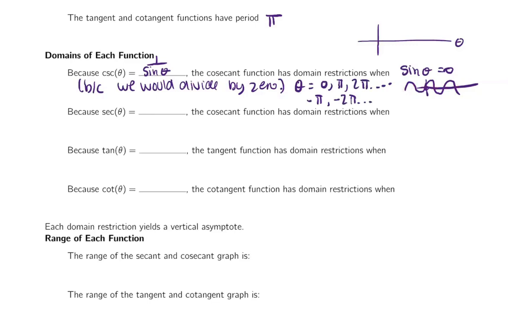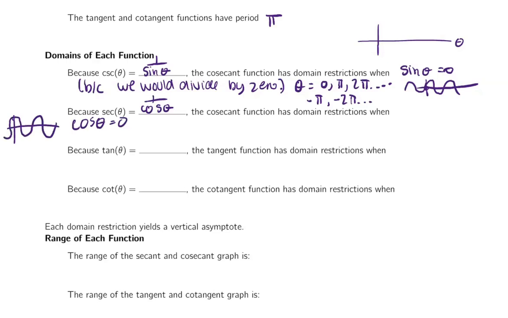Then our secant function also has some domain restrictions. We'll remember that secant is 1 over cosine theta. So secant is going to have some domain restrictions whenever cosine theta is equal to 0. If I quickly remember what cosine looks like, it's kind of like this, right? It starts up and then down.